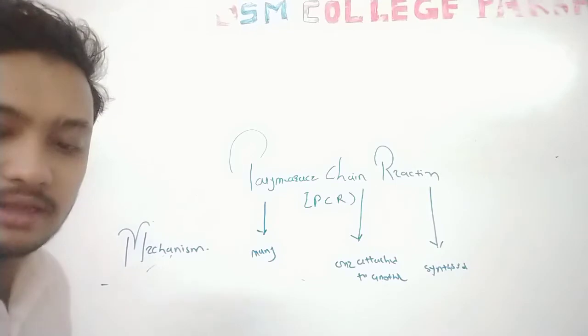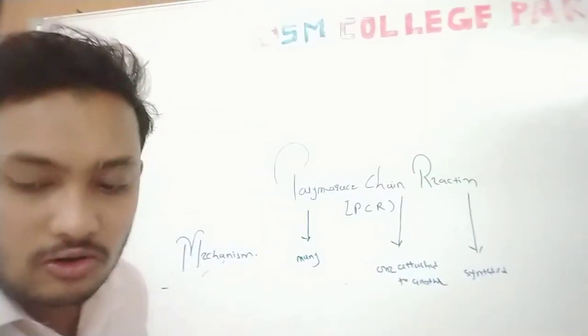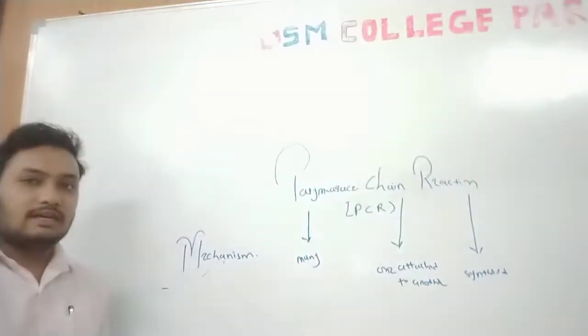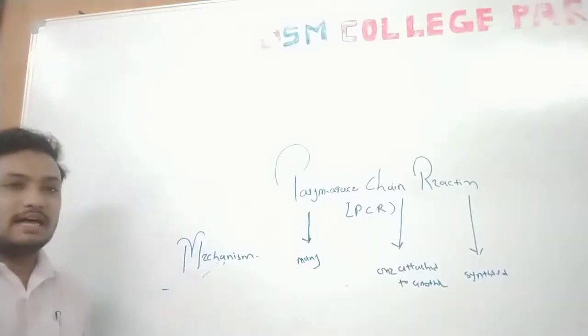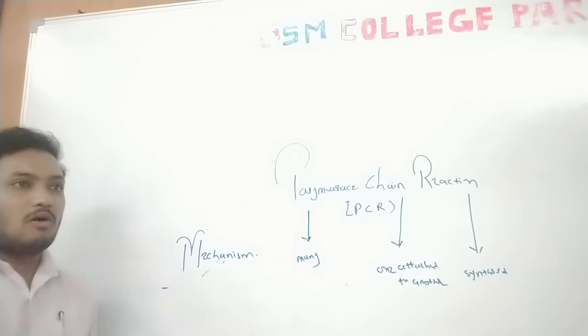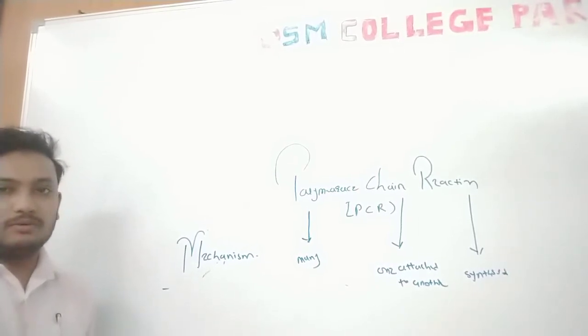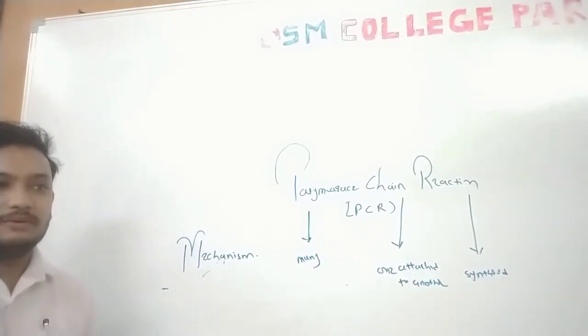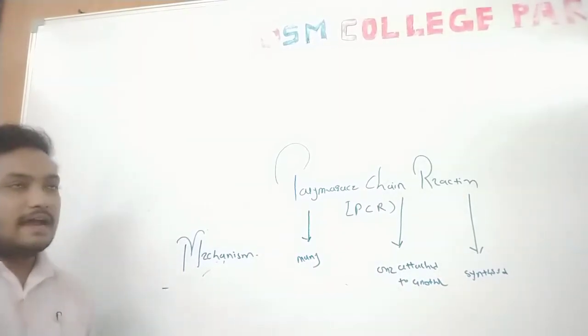Similarly, we know about the DNA replicating enzymes. There are different types of enzymes involved in DNA replication, like polymerase, primase, and primer. They are involved in replication purposes. So in the normal replicating process, there is the normal polymerase.